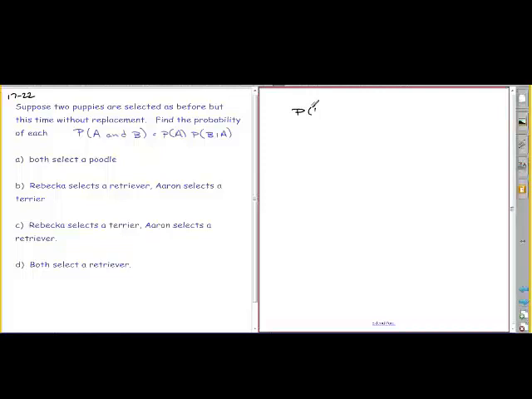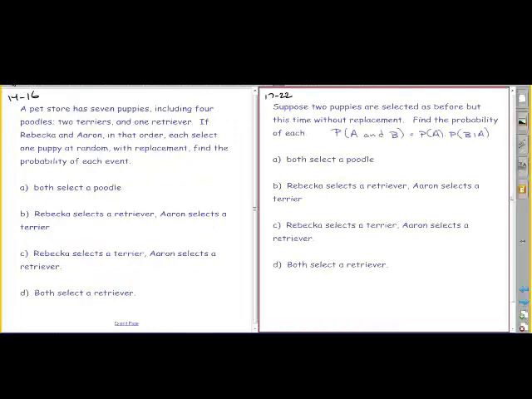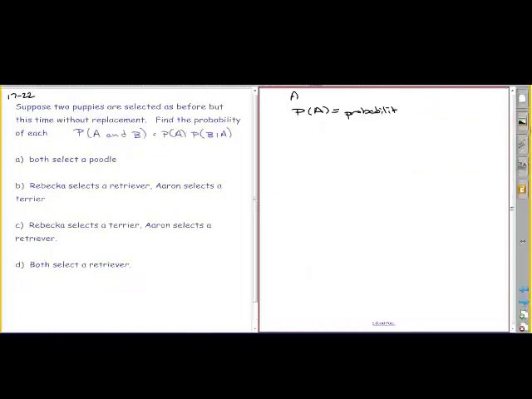So what we're going to do is the probability of event A, and let's have Aaron go. So there's 2 people. We'll let Rebecca go first, because we're being polite here.